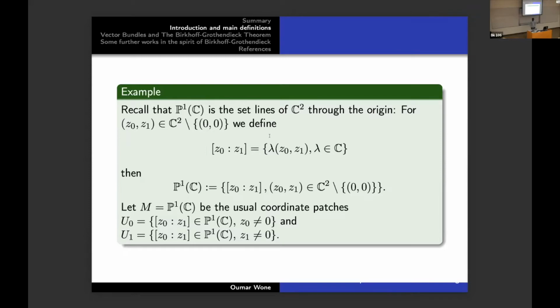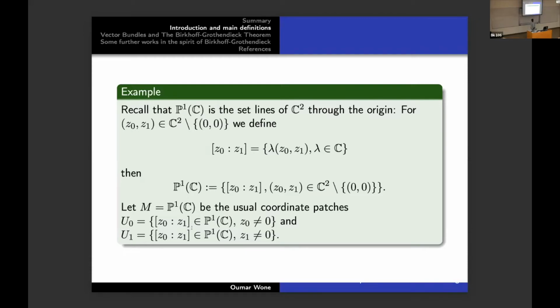On P1C, one usually defines the following coordinate patches. U0 means that we take the points with homogeneous coordinates Z0, Z1, such that the first coordinate is non-zero.